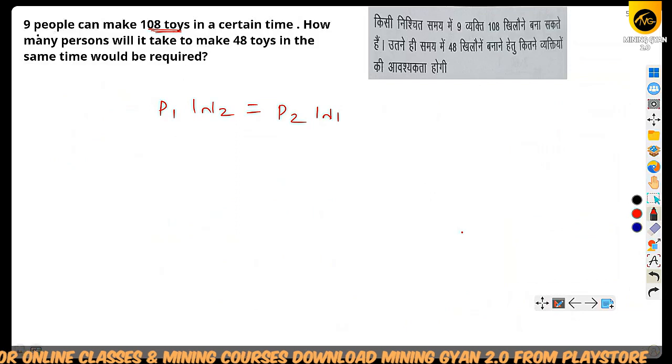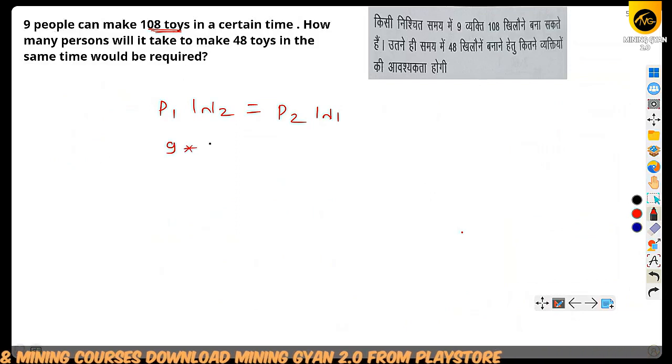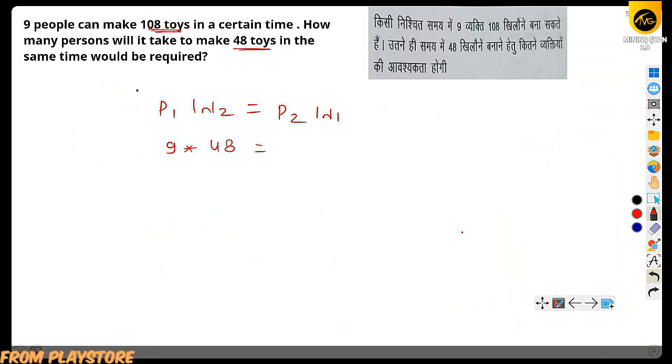So number of person is 9. So just put down the 9 into number of piece of work. So in this case, this is the W2. That means the W2 is the 48 twice. So 48 multiply. The question is how many persons? So P2, we have to find out the P2, number of persons.